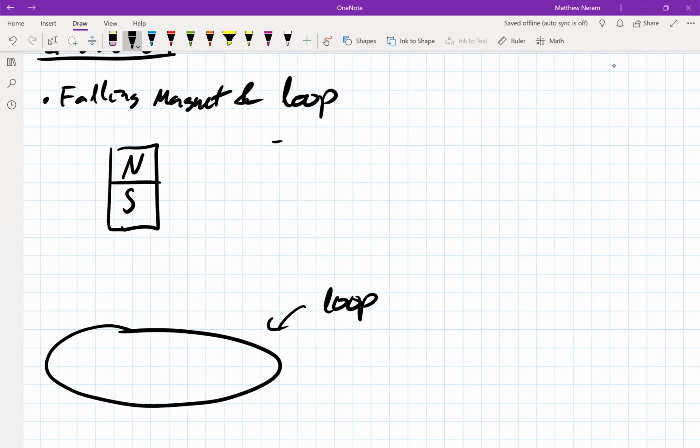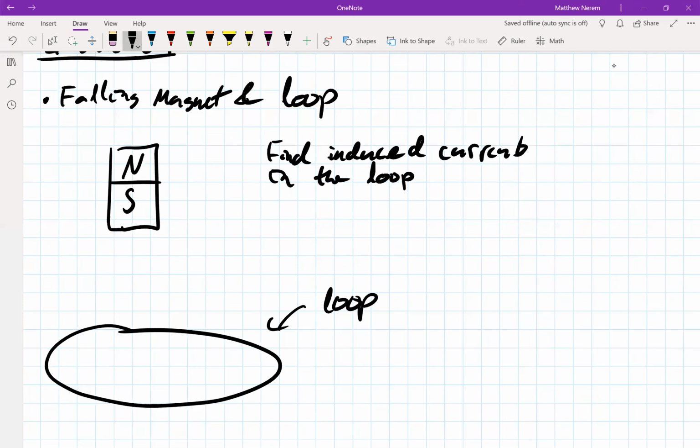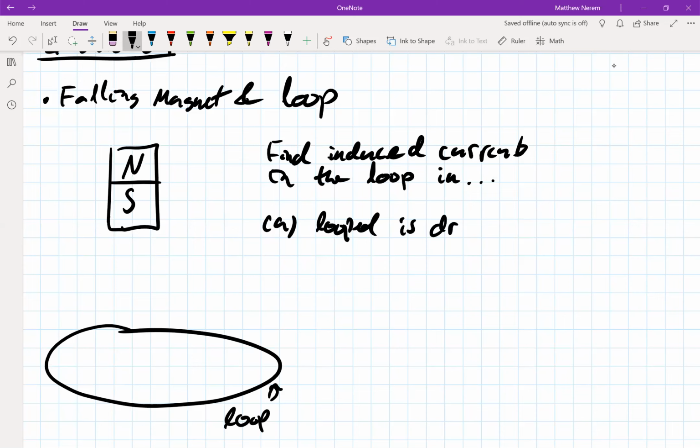So find the induced currents in the loop. Case one, loop is dropped.